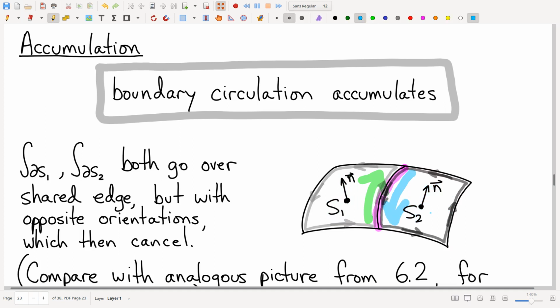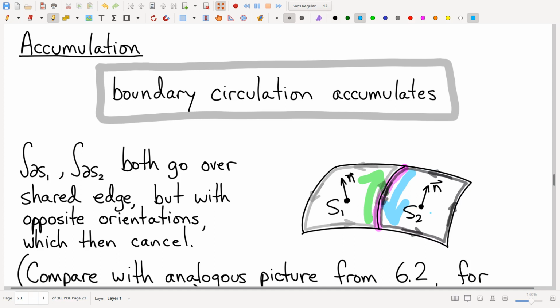Same argument: normal vector, fingers, swirl, and that swirl side swipes that way on that same edge. And so you notice, same edge, opposite orientations, they cancel. It's the same thing that we saw with Green's theorem, just sitting up in space as opposed to down in the plane. Does everybody buy it?